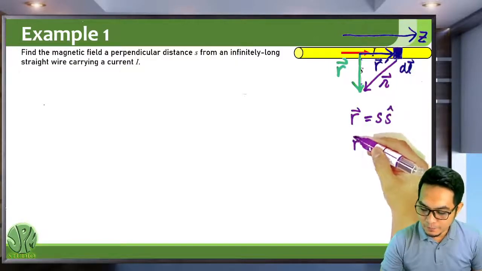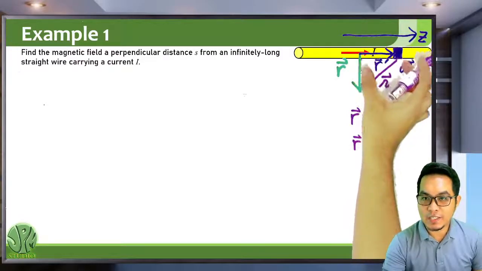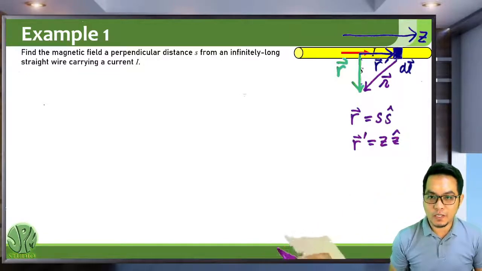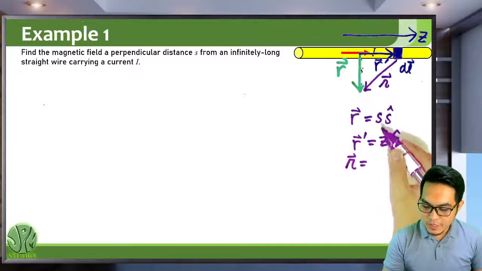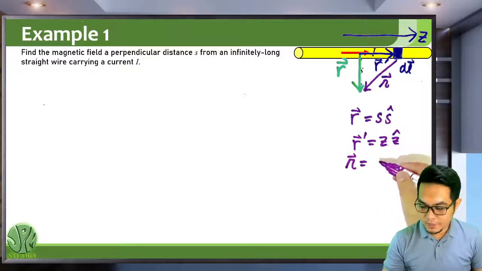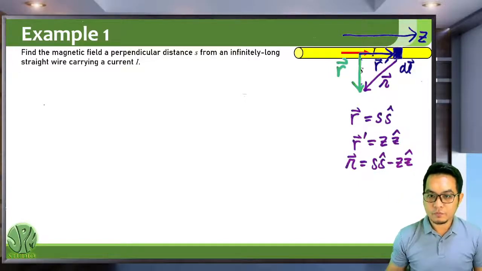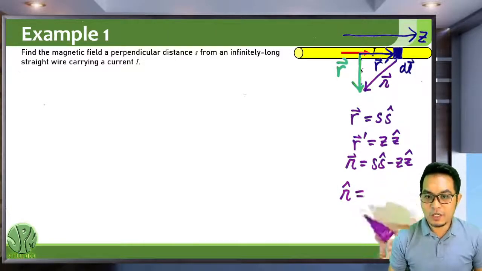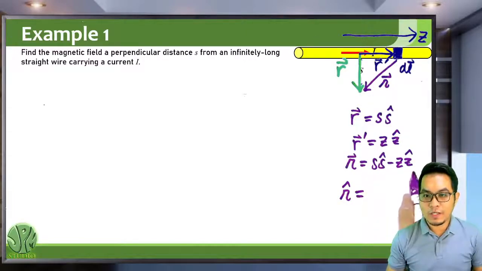Our r prime is clearly along the z axis. Assuming this distance is z, this direction is z hat. So we are using cylindrical coordinates here. Therefore, the separation distance vector is r minus r prime. This will become s s hat minus z z hat. And if we take the r hat, the unit vector, it's just this vector divided by its magnitude.